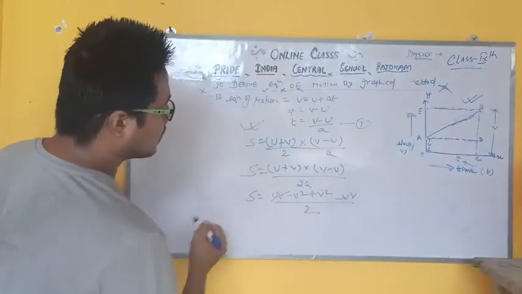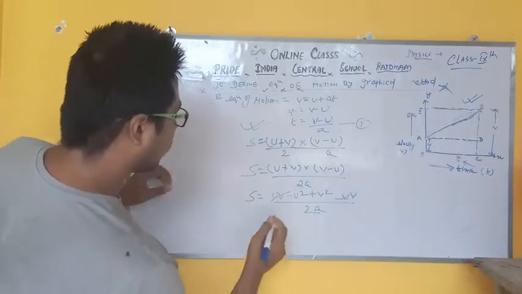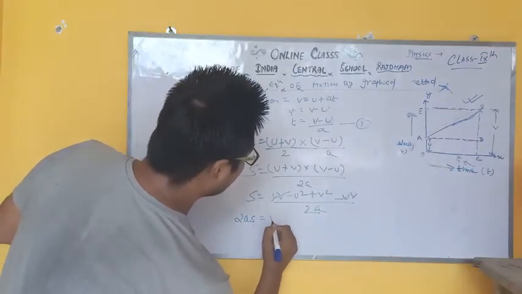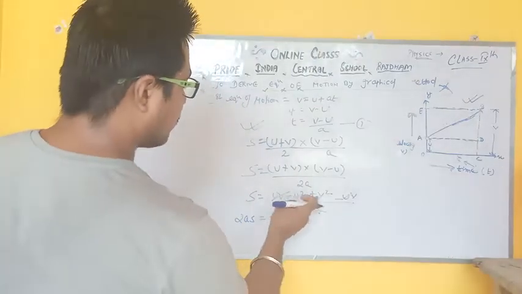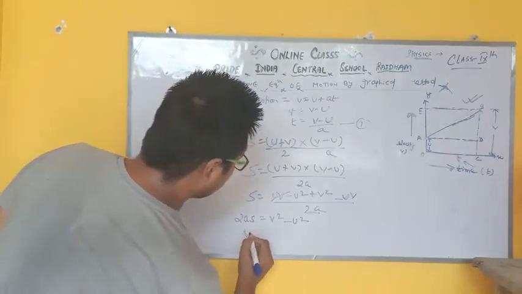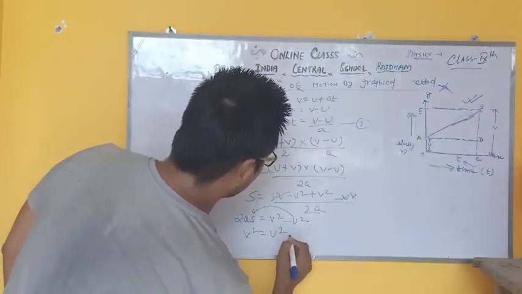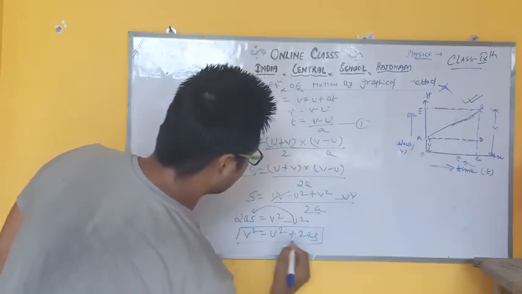Minus UV cancels out. So if I put this side, what we get? 2AS is equal to V square minus U square. So this implies that V square is equal to, taking this side, U square plus 2AS.